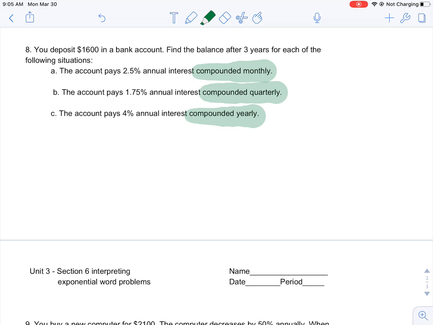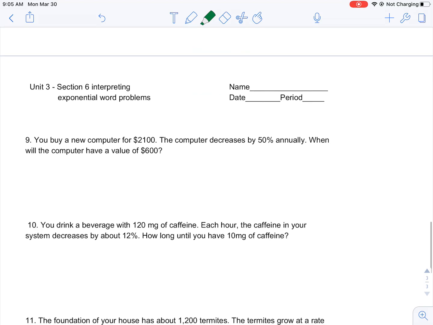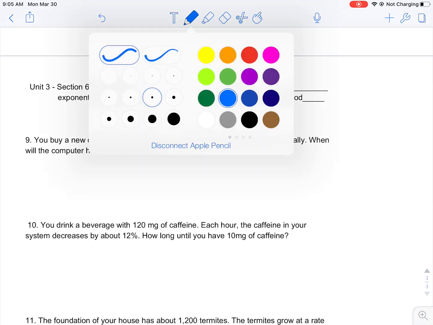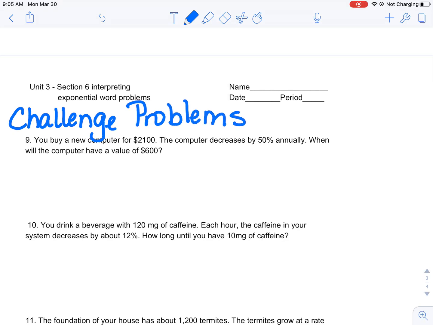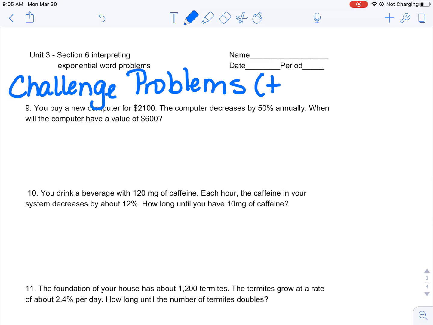Okay? Now, I'm not going to give you much for 9, 10, and 11. These are challenge problems. I think a lot of you can handle them. I would like to see all of you try them. What I will give you as a hint is you might want to make a table of values. So these are more think it through. See if you can figure it out.